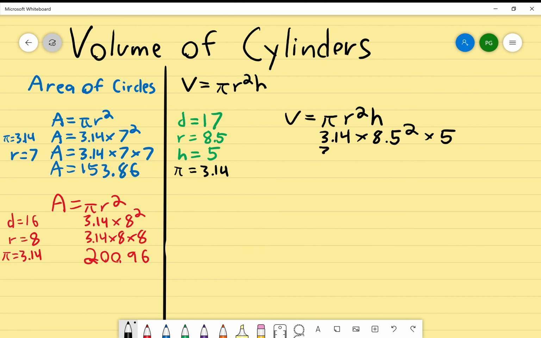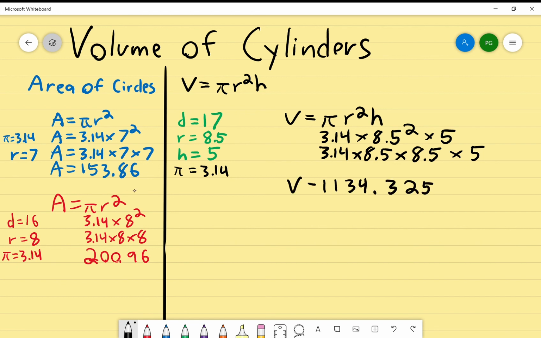So let's rewrite it. 3.14 times 8.5 times 8.5 times 5. Let's go ahead and do it. My final answer should be 1,134.325. And that's your volume.